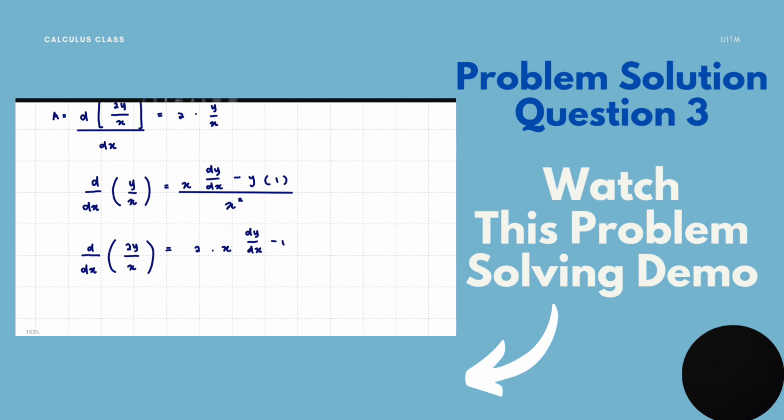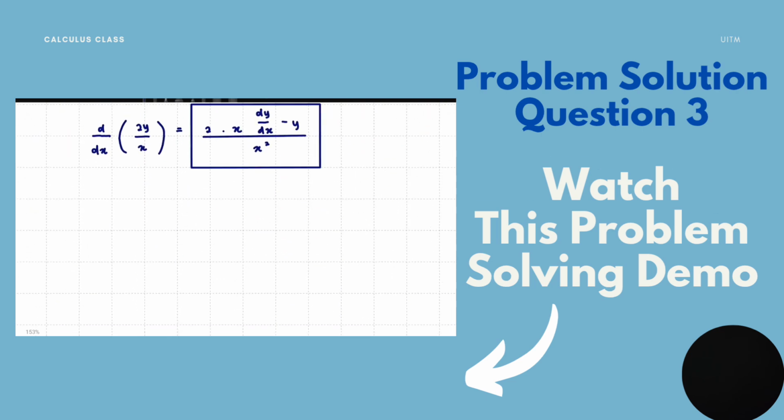Then we get the answer: d over dx times 2y over x equal to 2 times x dy over dx minus y over x square.